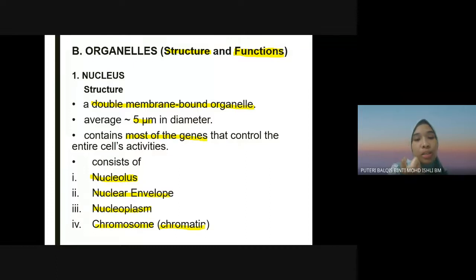Okay, so between nucleolus, nuclear envelope, nucleoplasm, which structure that we can find the DNA, Anas? Antara nucleolus, nuclear envelope dengan nucleoplasm, kat mana kita boleh jumpa DNA? Nucleolus. Very good, nucleolus.